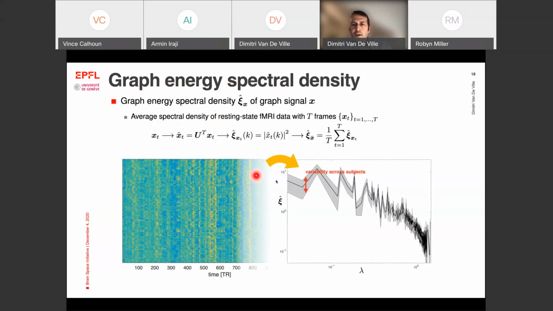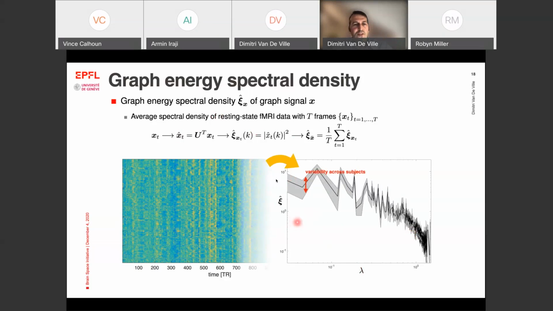Now, if you plot this in a log-log, this is what you get as a function of the eigenvalue lambda. The energy is pretty much dominated by the low frequency components, which is very clear because this is a logarithmic axis.